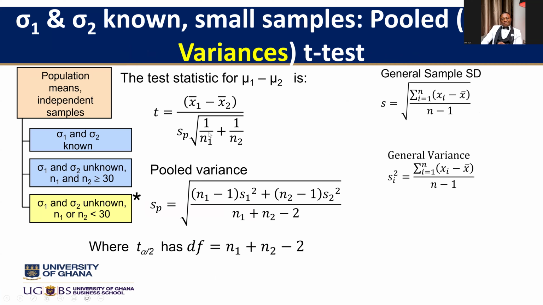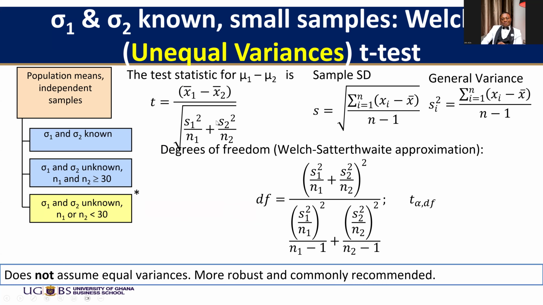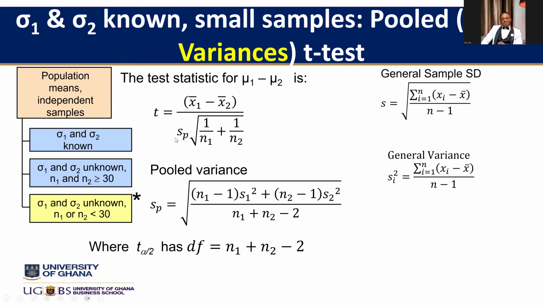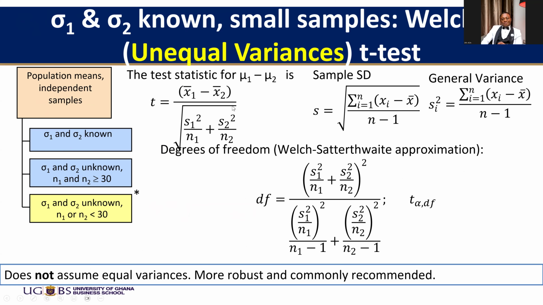Look at the one we looked at. The test statistic has a square root, and inside the square root is 1 over n_i, the sum of each one. But here, when they are unequal variances, the way you calculate this test statistic, there is no standard error or pooled variance. There's only standard deviation.